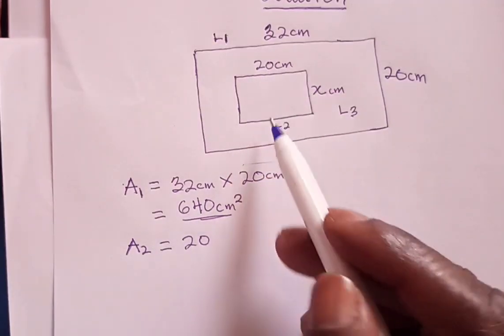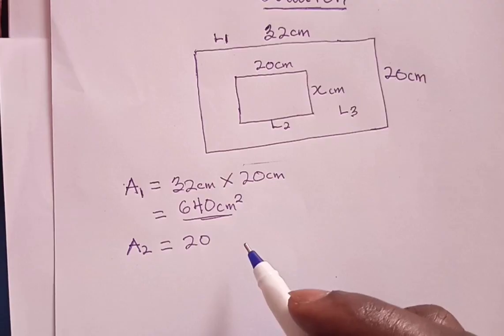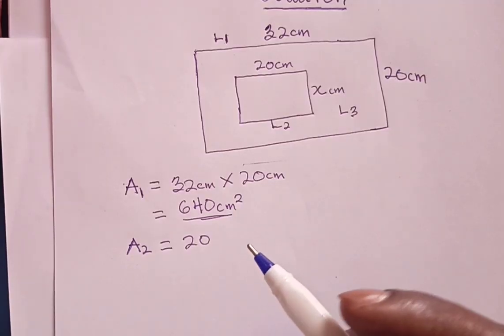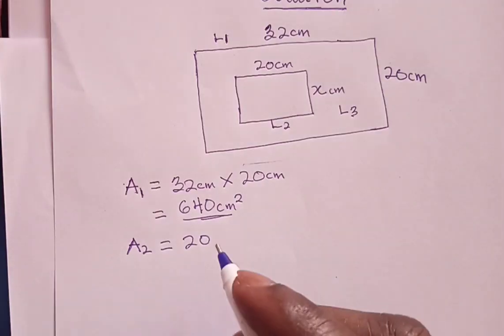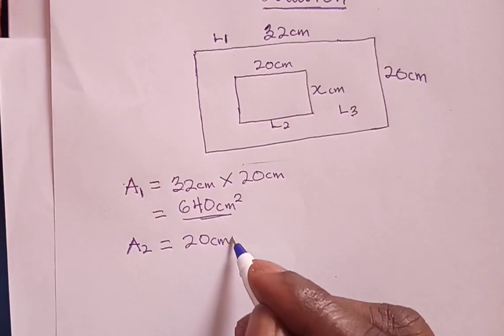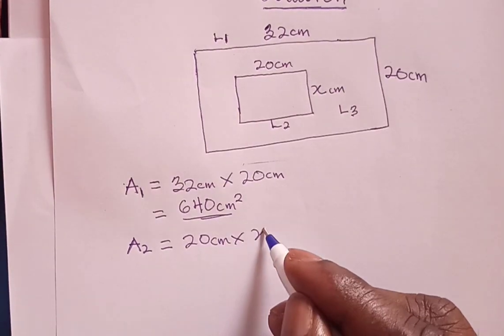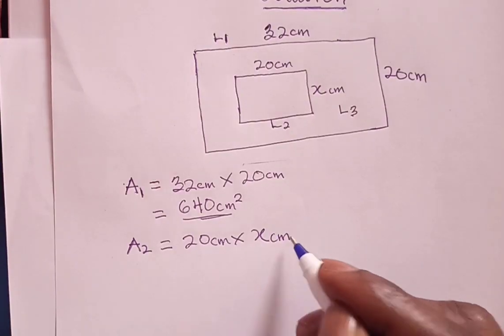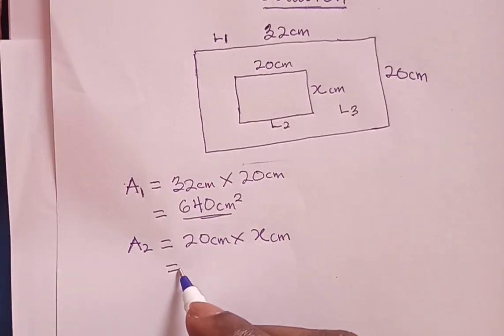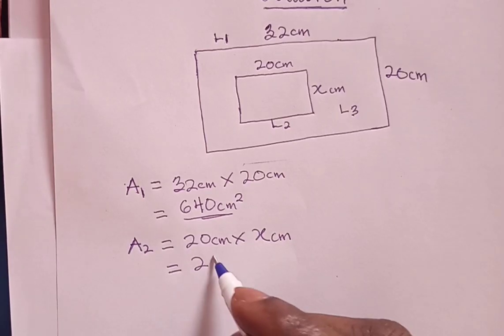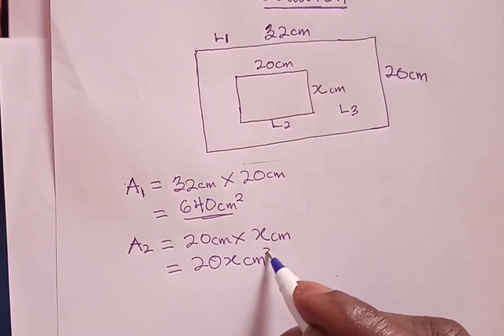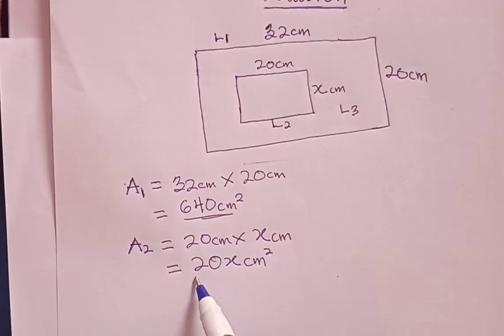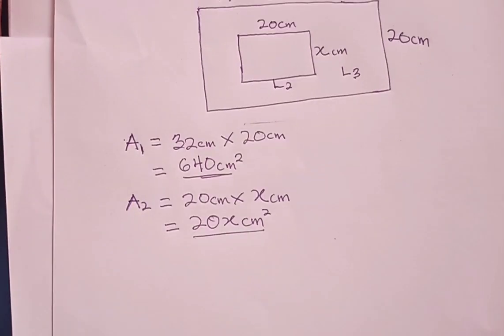Even if it is a square, we know that finding the area of either a rectangle or a square, we only have to multiply the length and the width. So 20 centimeters times X centimeters gives us 20X centimeters squared. It is also an area, so we add our square.